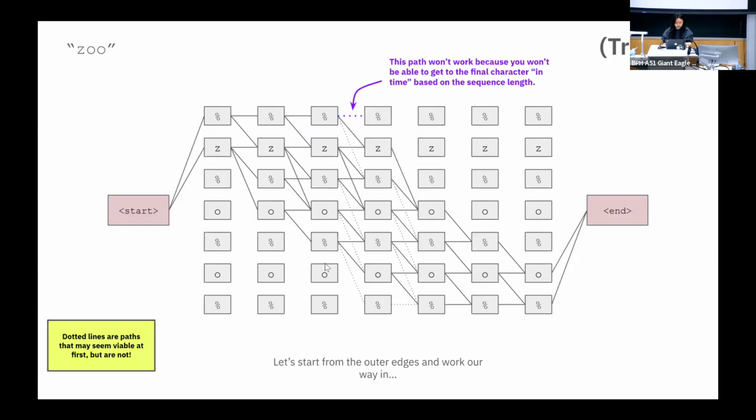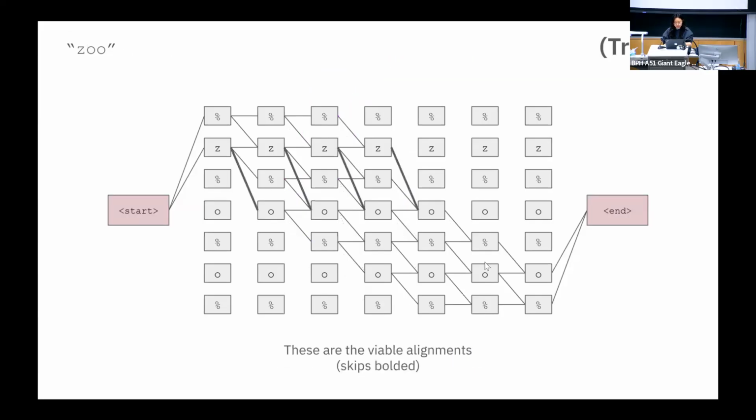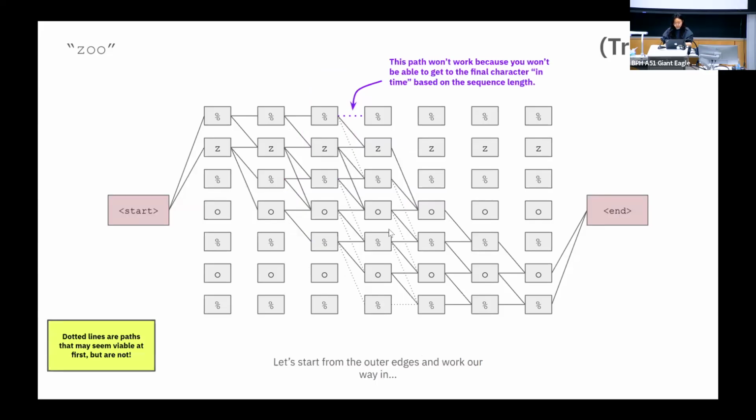Then let's move on. Here you see that if we keep this break too long, we cannot get this 2O in time because our aim is to get this O or blank at this time step. For example, if we keep this as a blank, we can first go to the first Z, and then we can skip to this O. But you cannot just skip to this O. Why?